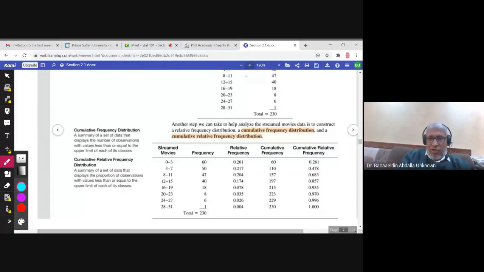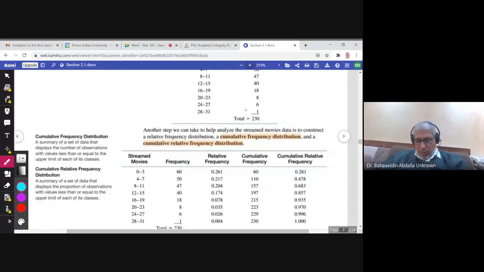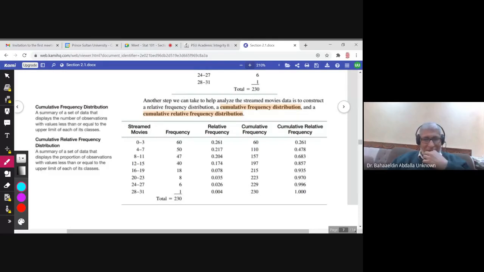We mentioned the grouped frequency distribution. We learned how to find the relative frequency if we have the frequency. So for example, here, the classes are from 0 to 3. The first class is from 0 to 3.